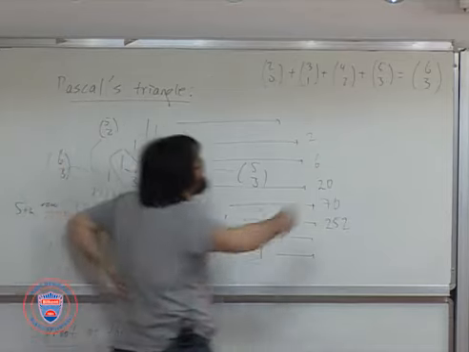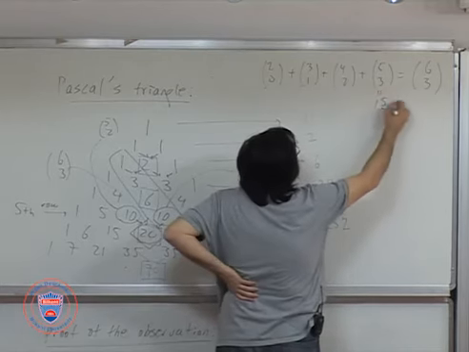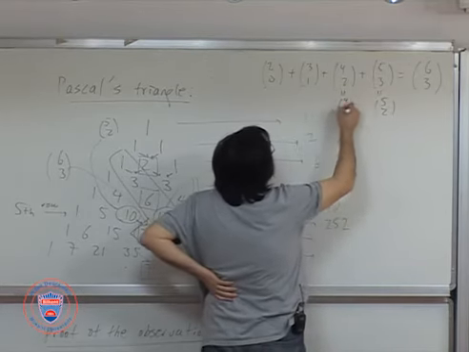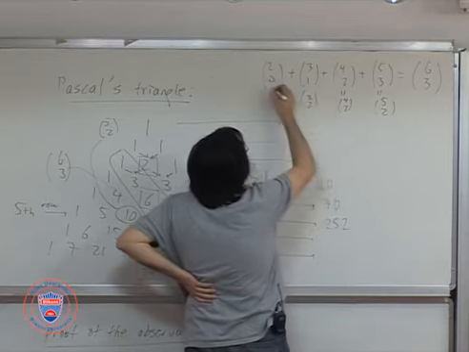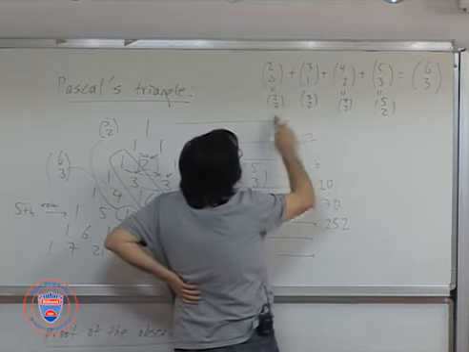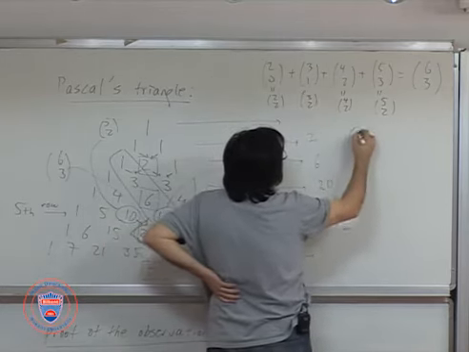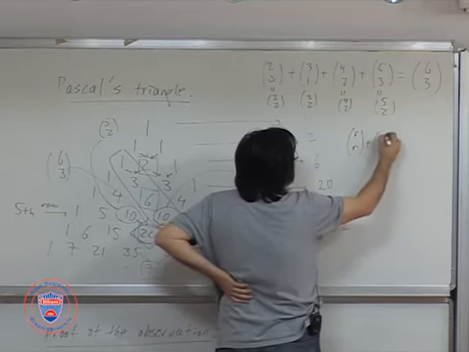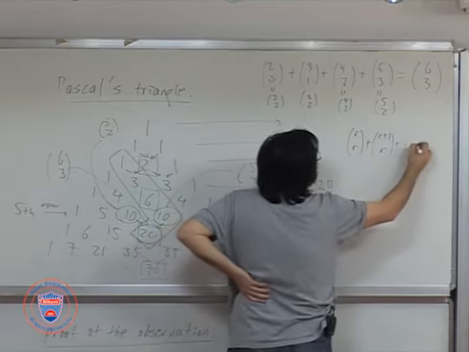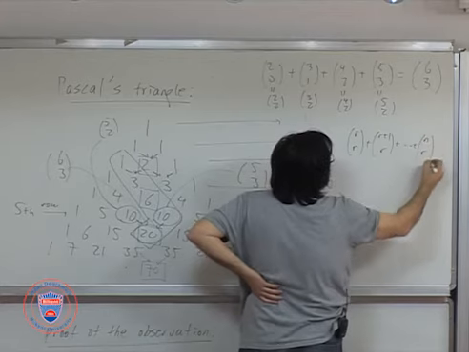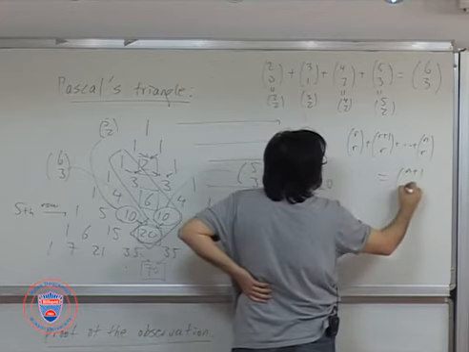This is actually the same as 5 choose 2, 4 choose 2, 3 choose 2, 2 choose 2. So it's actually this formula: r choose r plus r plus 1 choose r up to n choose r gives you n plus 1 choose r plus 1.